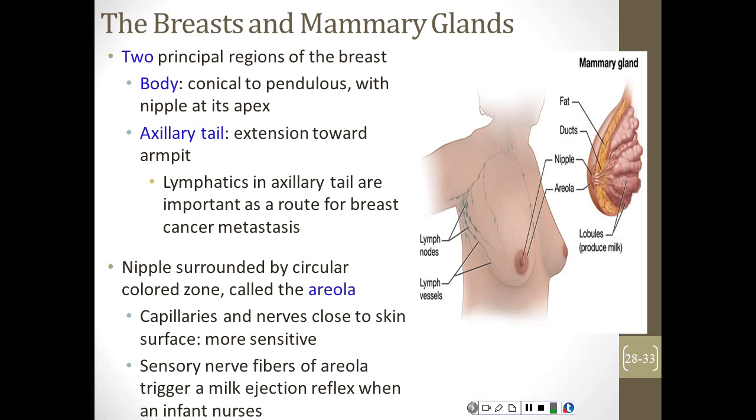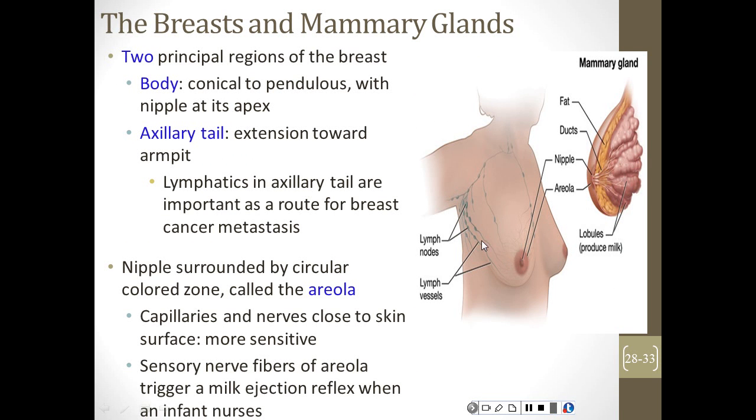Now, the breast has two principal regions. It has a body and it has an axillary tail. The body is basically where the nipple is at the apex, and the axillary tail is the extension from the breast towards the armpit.